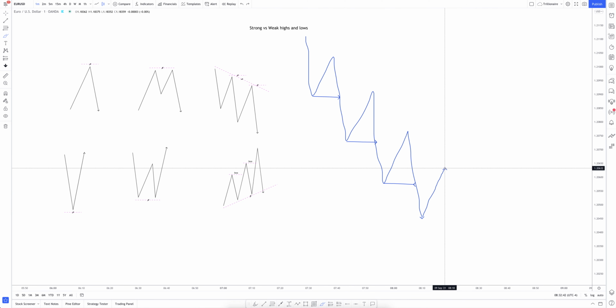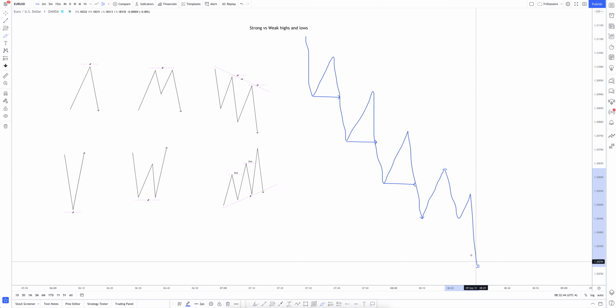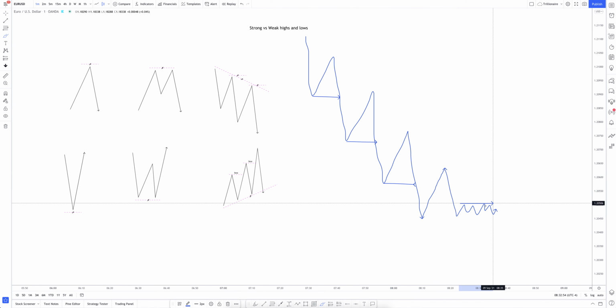If we see a reaction, that's fine, but we're supposed to see price travel through. We really don't want an area where price is gathering orders before the break. We want price to trade straight through.